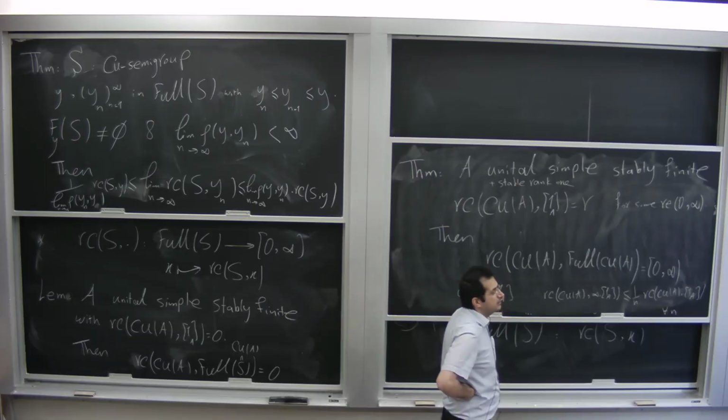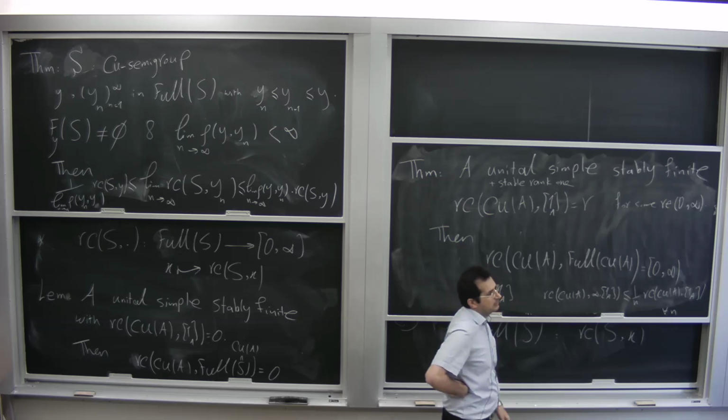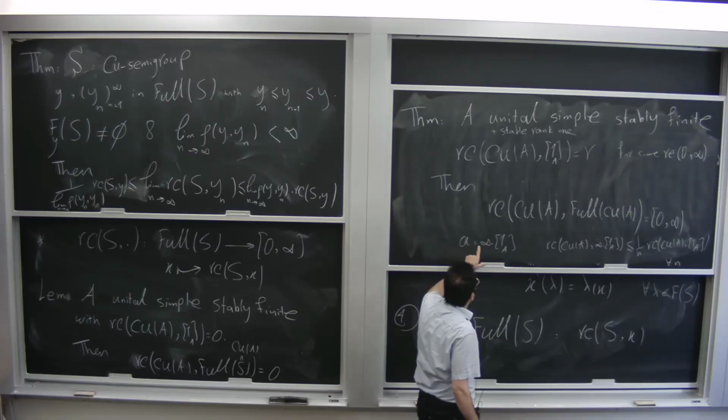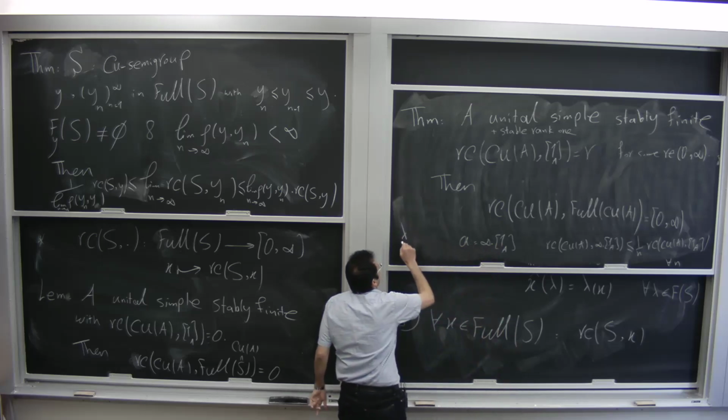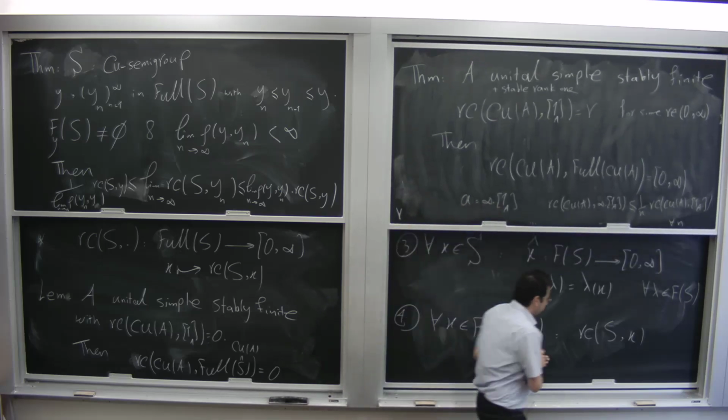This full element actually has rank infinity. Sorry, say it again. Does this full element have rank infinity? Yes. For 0, yes. Because if you consider A to be infinity dot A, the fact is that for every lambda, I can write it here.